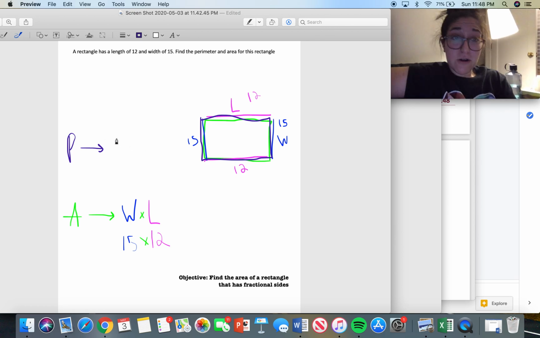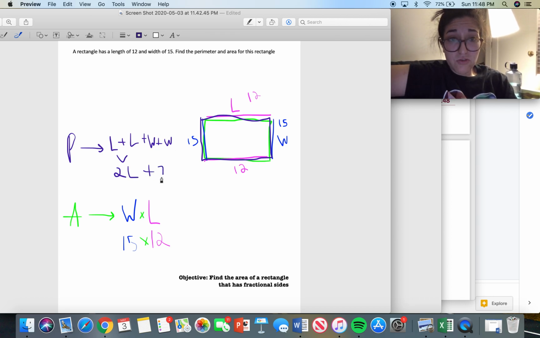So to find the perimeter, we actually add the length twice. Length plus length, because as you'll notice, I walked the length twice, and I add the width twice, plus width plus width. This width and this width. Another way to think about this is 2 times length plus 2 times width.